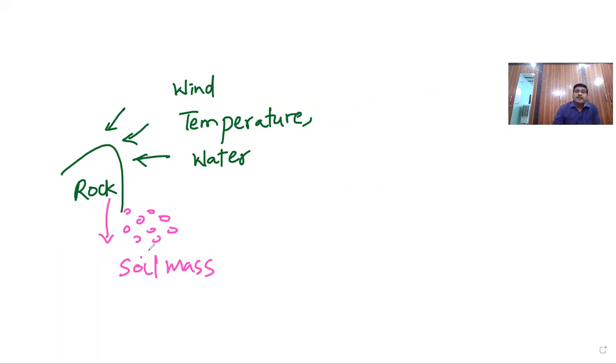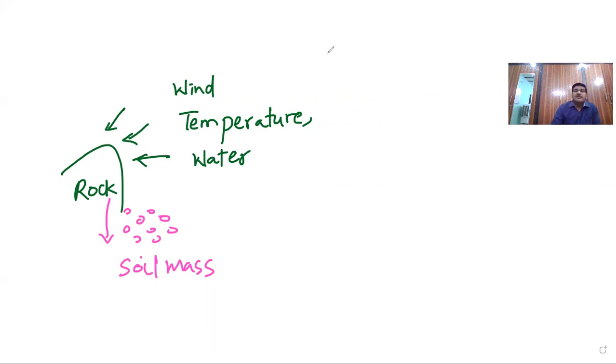If the agent is breaking this rock physically, that is known as physical weathering. Some chemical agents will also be there. Those chemical agents will be acting on the rock.